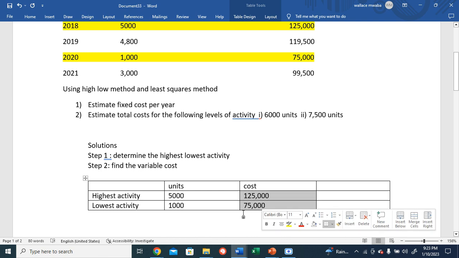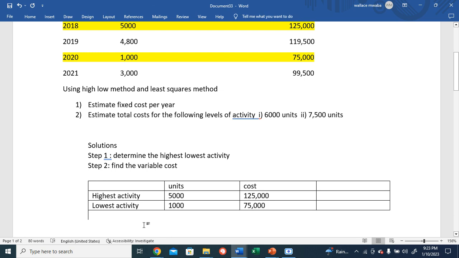We're going to subtract the lowest units from the highest units, and the lowest cost from the highest cost.